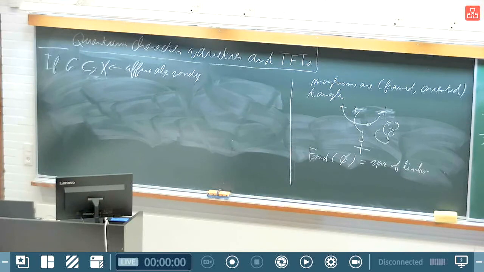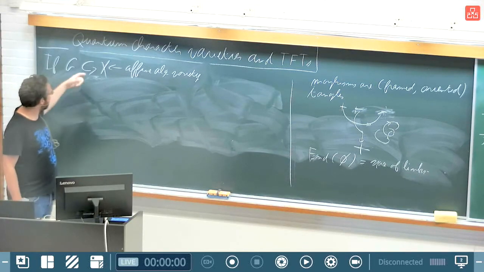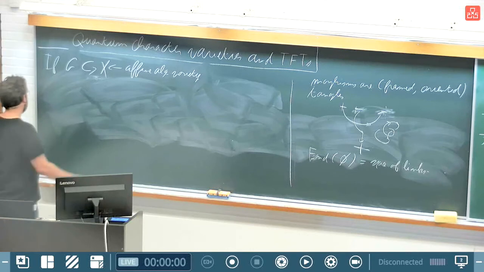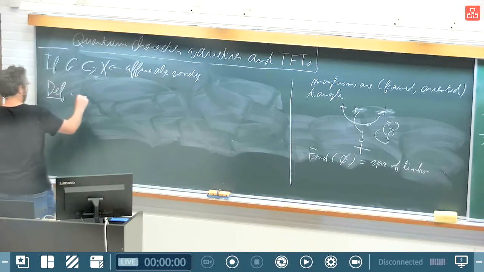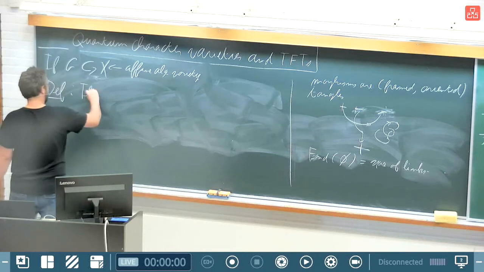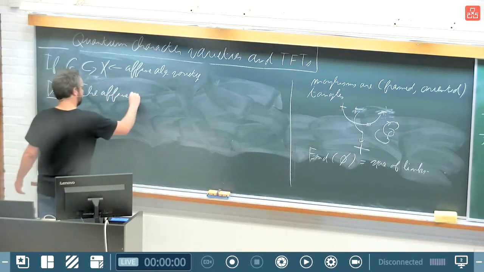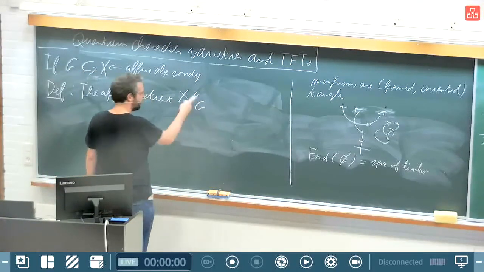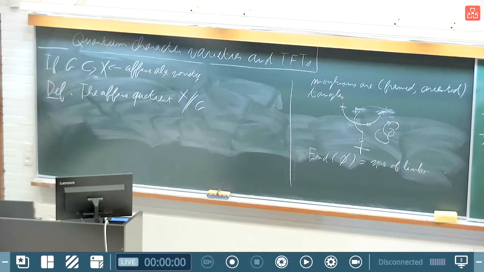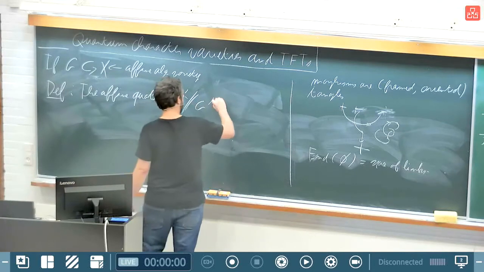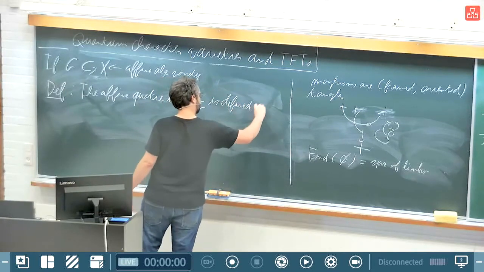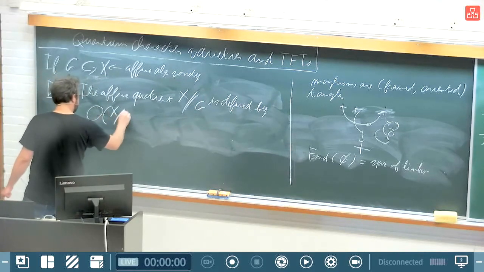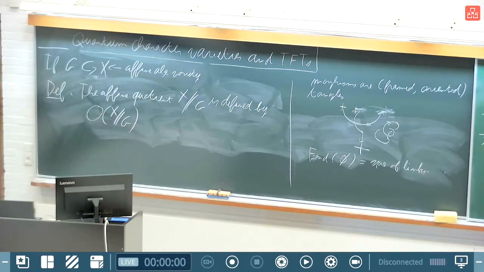So the natural thing to do is, instead of trying to naively take the quotient, to describe what the functions on the quotient should be. The affine quotient, usually denoted with a double bar, but I will probably forget to do that later, is defined by saying: what are polynomial functions on these quotients?